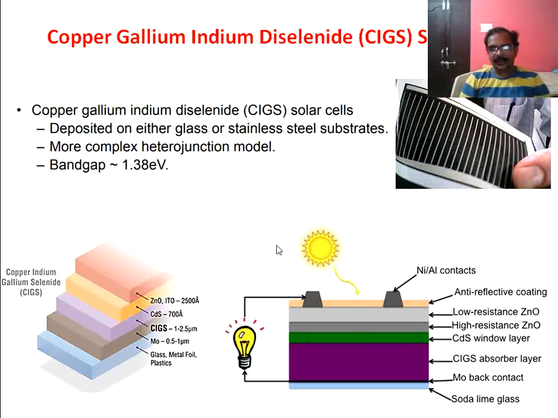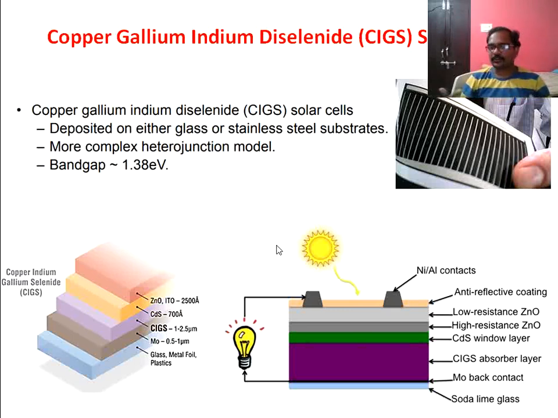At the same time, we have a molybdenum back contact at the bottom, and at the top we have three layers. One is an anti-reflective coating. In this case, two layers of anti-reflective coating are used. One is zinc oxide.